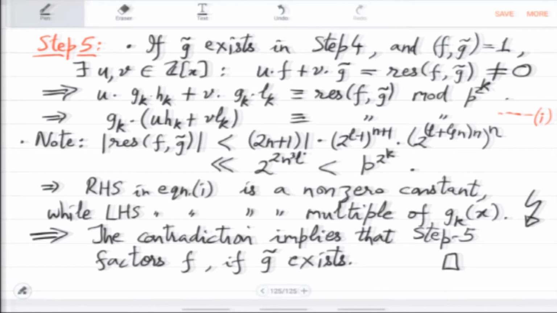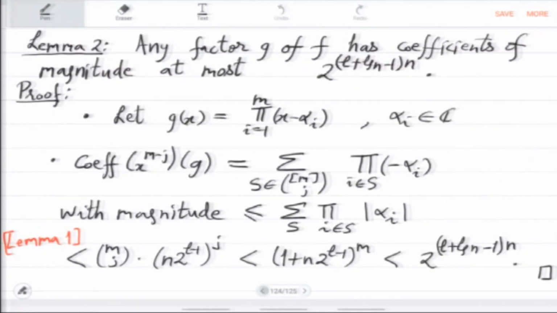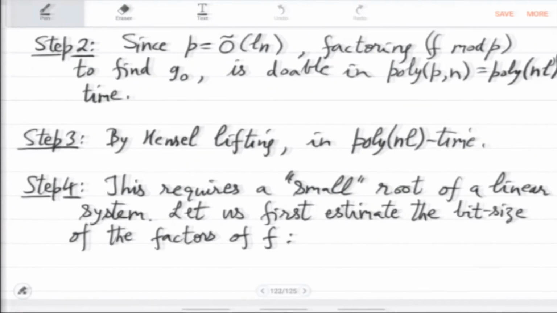Okay, so whenever step 4 succeeds, step 5 also succeeds. This is an amazing property. So all we have to do is work out step 4. Once we have worked out step 4, step 5 will automatically succeed and factorize. Okay, so we have covered all the steps, step 1, step 2, step 3, 4 and 5, except obviously step 4 details we have to now work out.